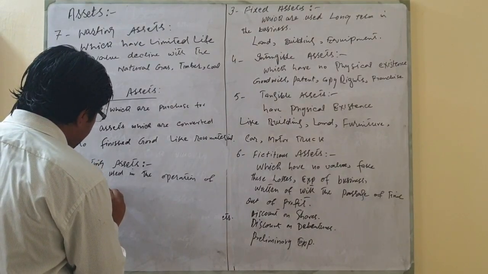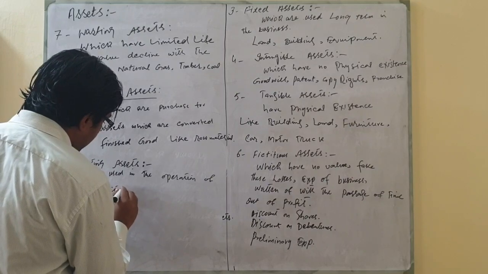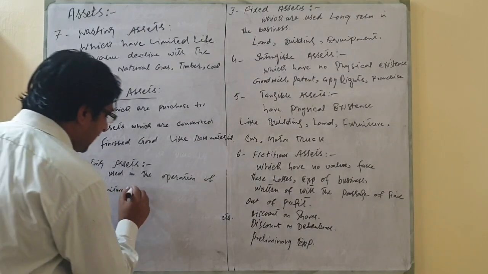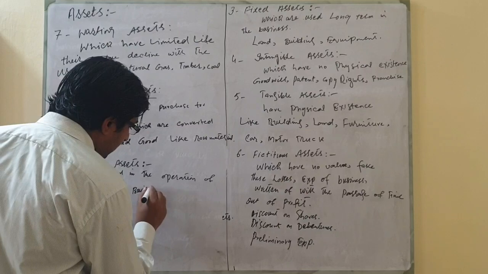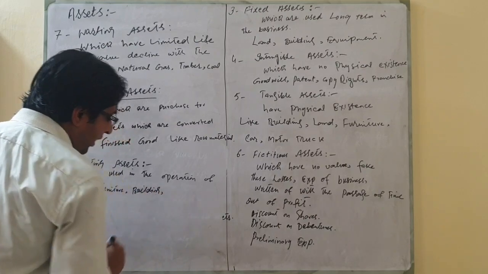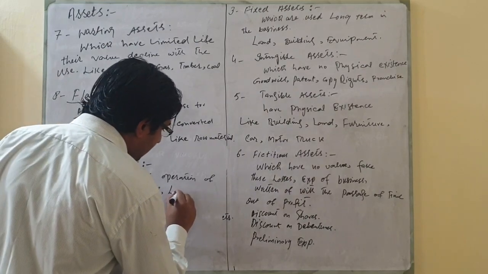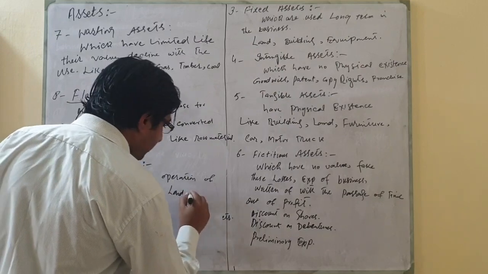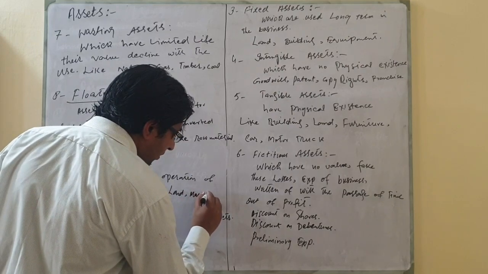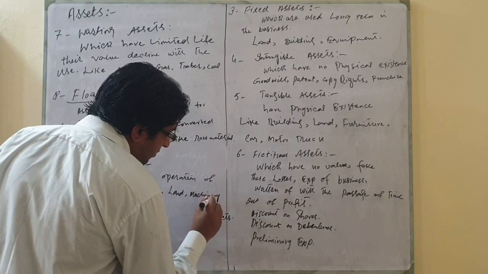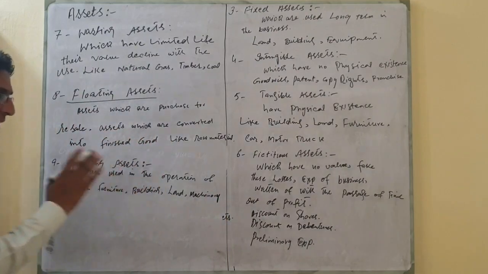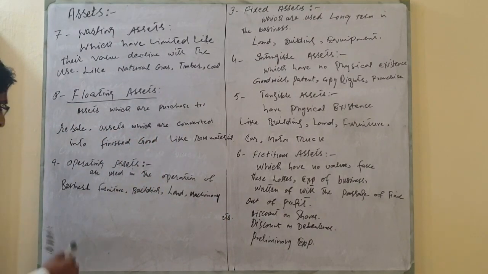We need furniture to run our business. We need building to run our business. We need land. We need machinery. So all these are operating assets.